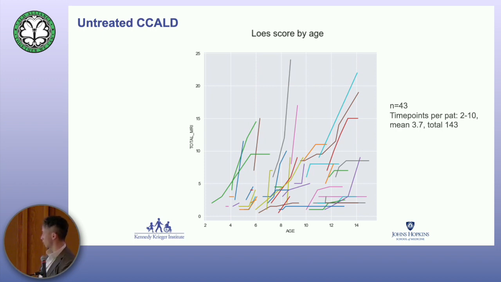But what we'll see here is, if you remember the last curve with the volumetrics of very, very tiny lesions, those are the volumetrics of lesions that are way down here, tiny, tiny, tiny. But en masse, when you measure the LES score over time, you still get this sort of exponential rise over time until you hit around the age of 8, 9, 10, and then you get this little group, these self-stabilizers.